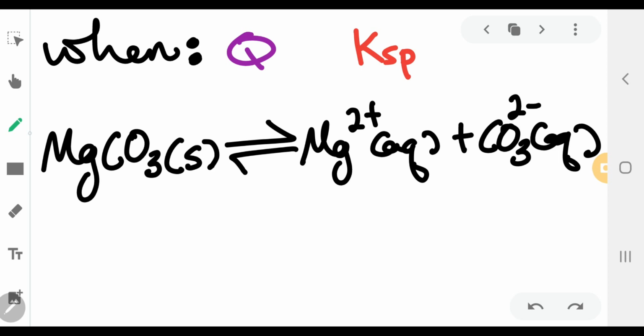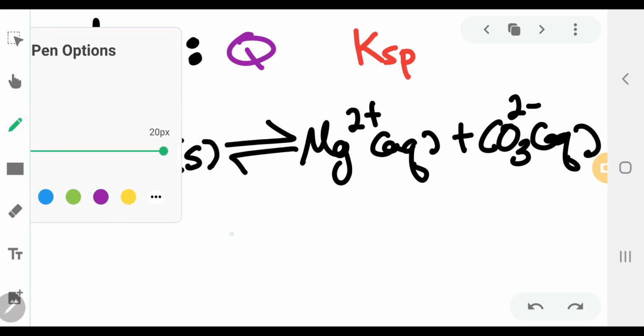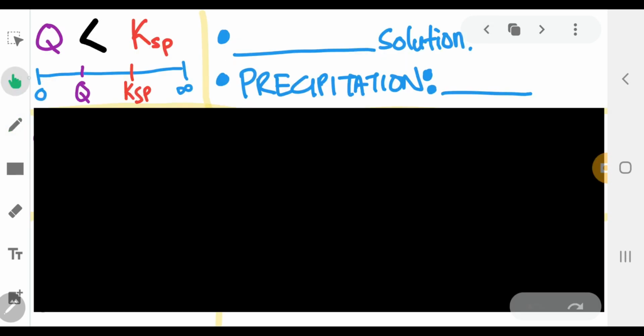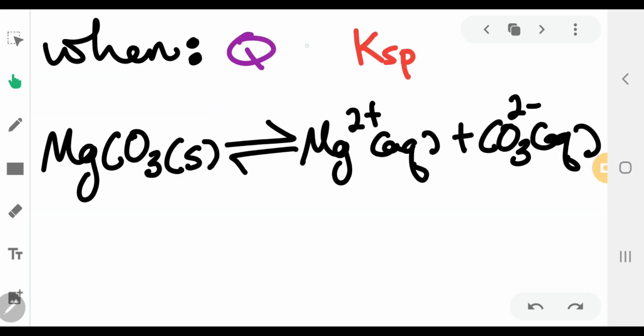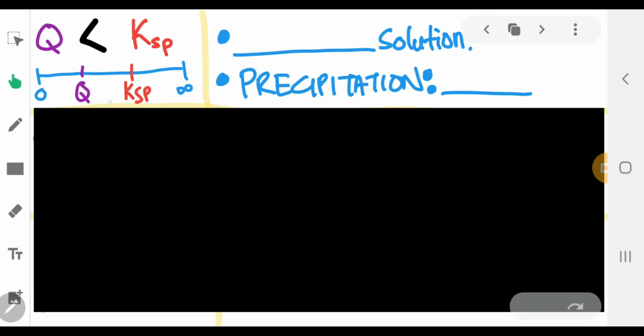Just now in the first example, we've seen that Q is smaller than Ksp, and in order for Q to be the same as Ksp, it will need to move towards the right side.